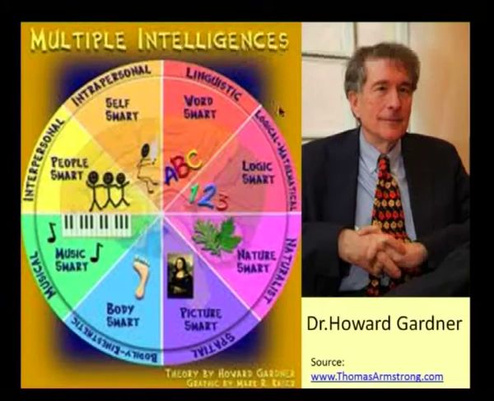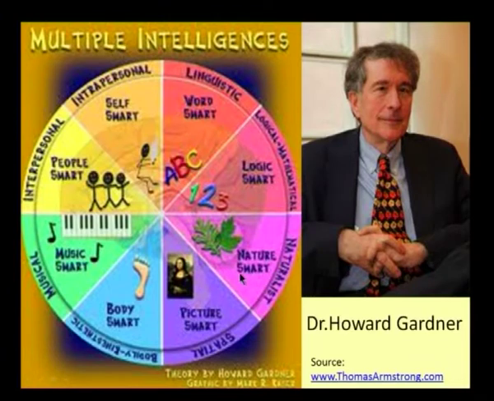Whenever you think of the teaching learning process, we are having multiple intelligences. According to Dr. Howard Gardner, we are having 8 smartnesses. One is linguistic smartness, that is word smart. Second one is logical smart, that is mathematical.